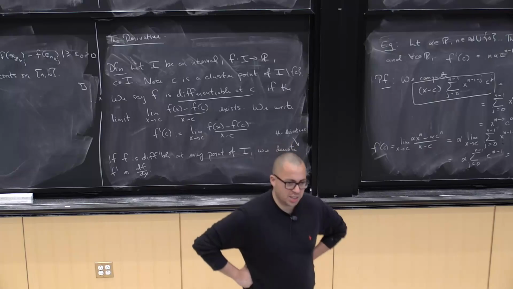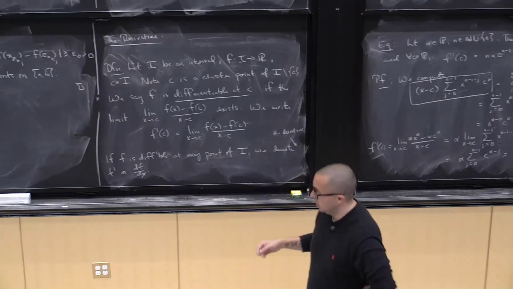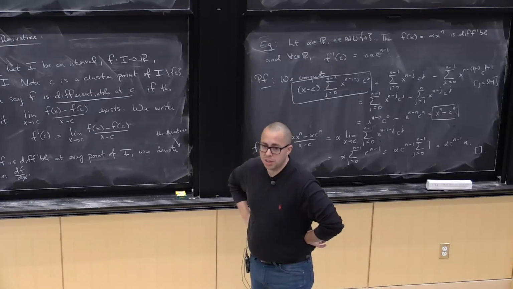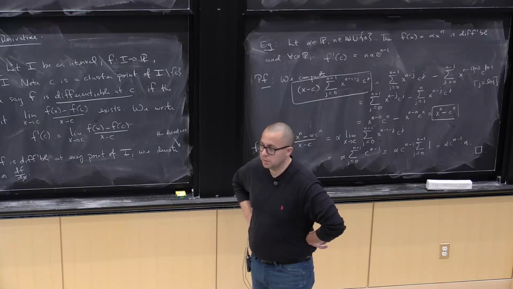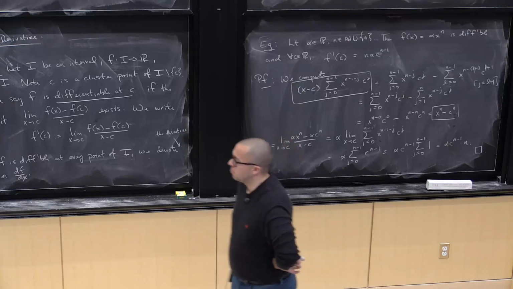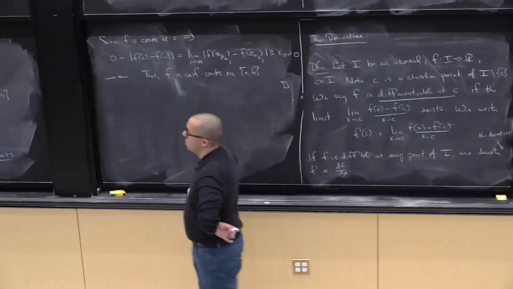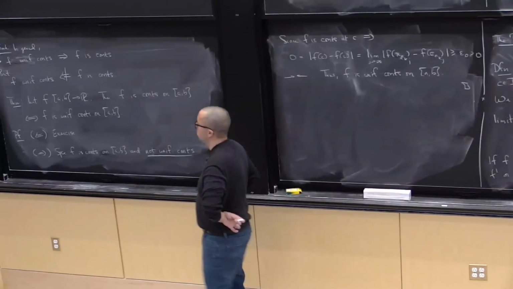Weierstrass, who is, again, kind of the godfather of everything we're doing, came up with a whole class of examples of functions that are continuous but differentiable nowhere. Okay, they're not differentiable at a single point. All right? And perhaps, depending on time, we'll go over this example. And I think I'll stop there.